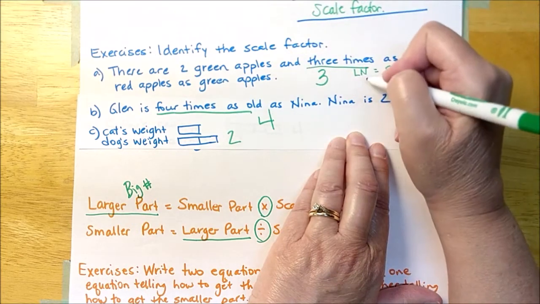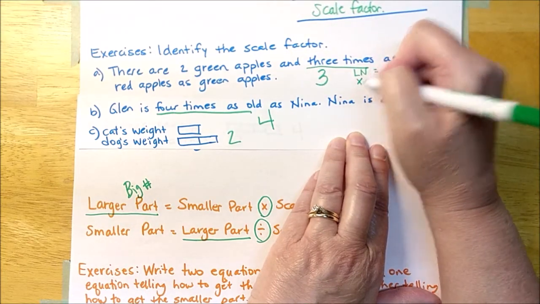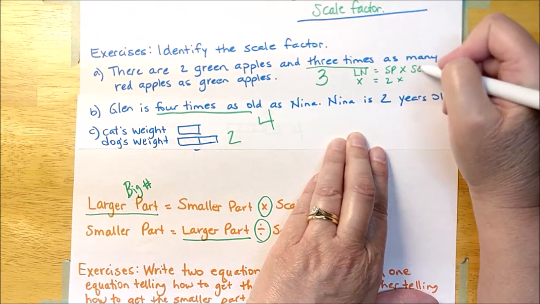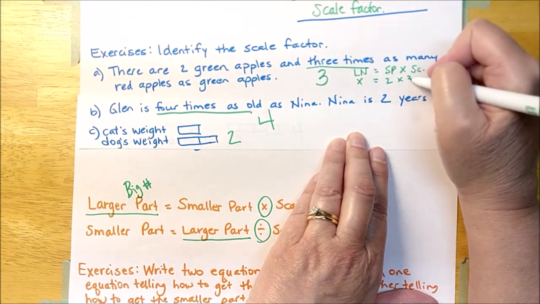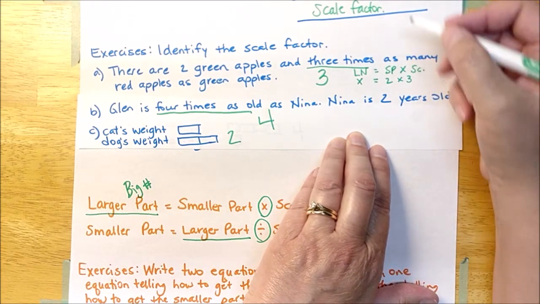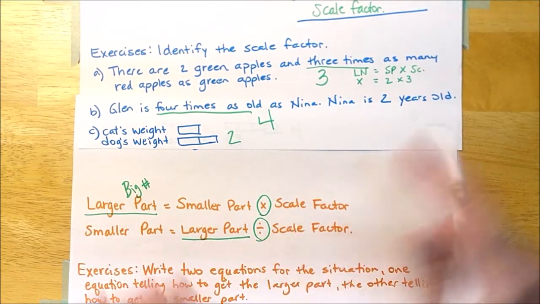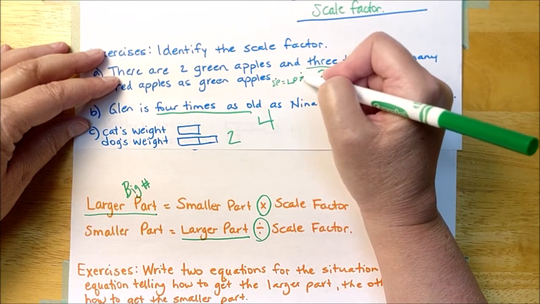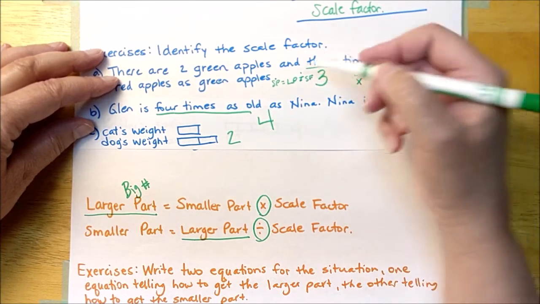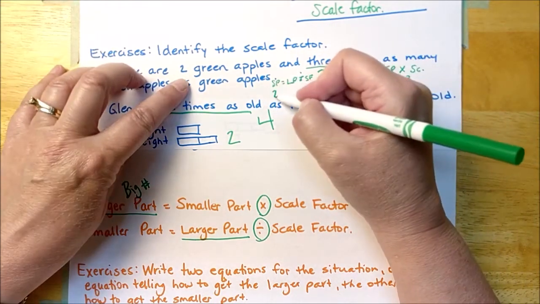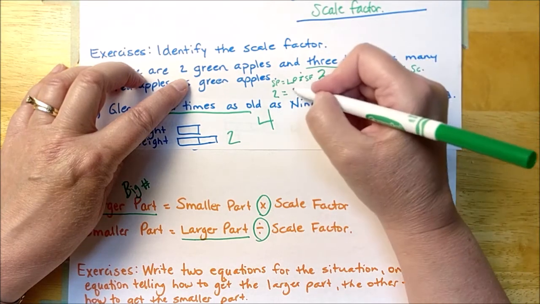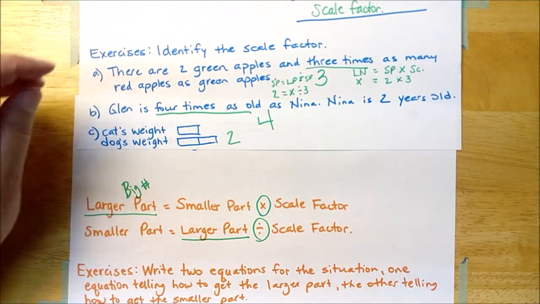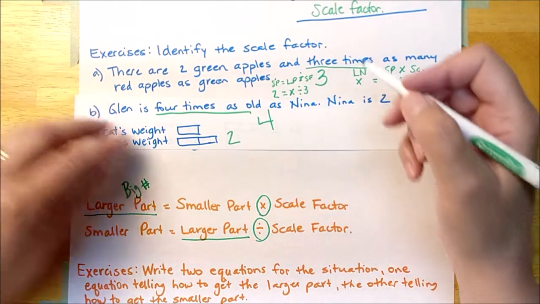So the red apples, which we don't know, we'll call that X, is the small part, which is 2 times our scale factor, which is 3. We could also turn that into this problem. So we have our small part equals our large part divided by our scale factor. So a small part is 2. We don't know what our large part is, and we can divide it by our scale factor, which is 3. So those are the 2 different equations we could make.